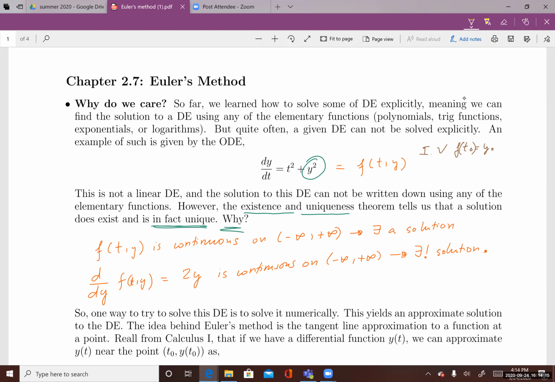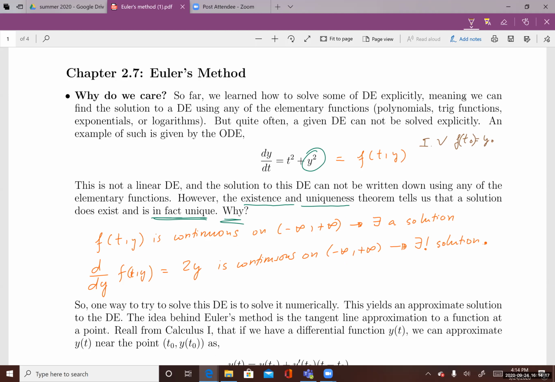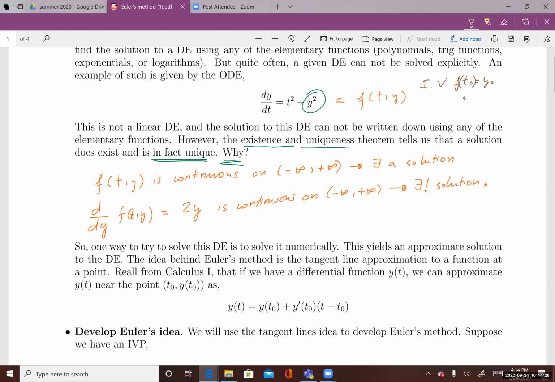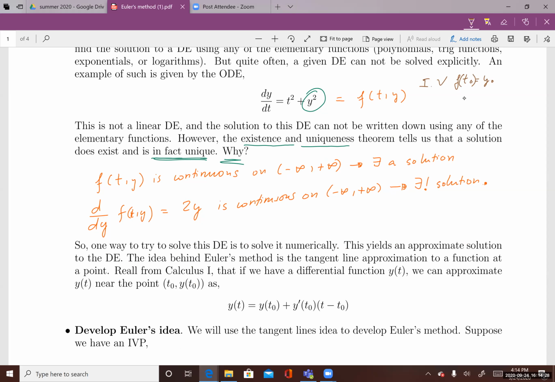But how can we find the solutions? How can we estimate a solution, let's say? Well, one way we can try to solve this is to use a numerical method. A numerical method will give you an estimated solution, not an exact solution, but an estimation of the solution.